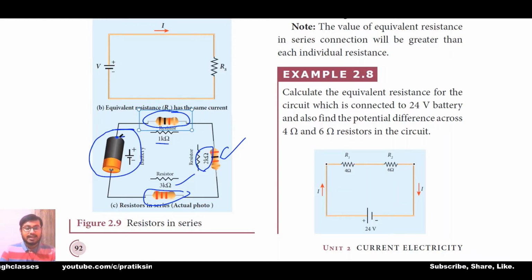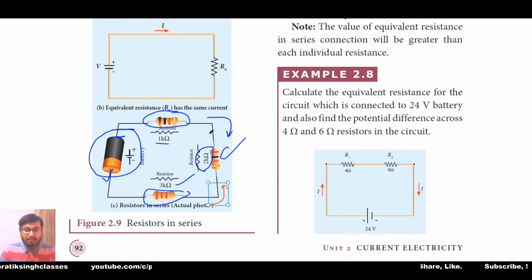This side is the positive terminal of the battery and this is the negative terminal. The direction of conventional current is clockwise, but if you go through the previous topics which we have seen, the direction of flow of charges will be in this direction, that is, coming from the negative terminal of the battery and going back to the positive terminal of the battery through the circuit.